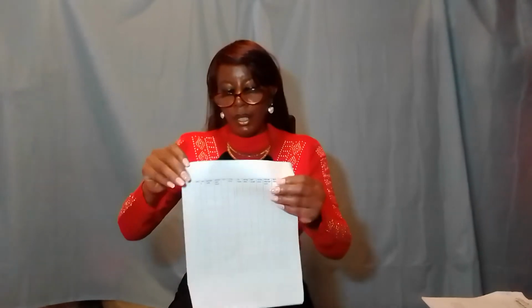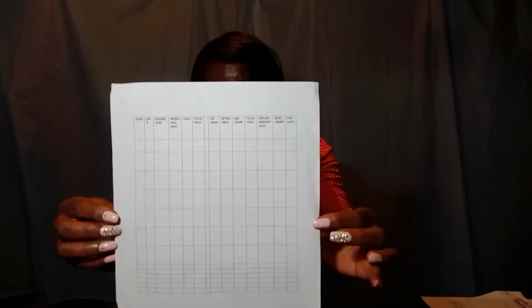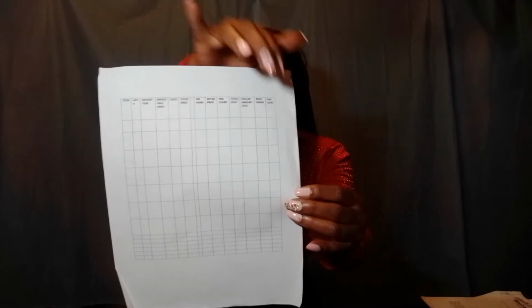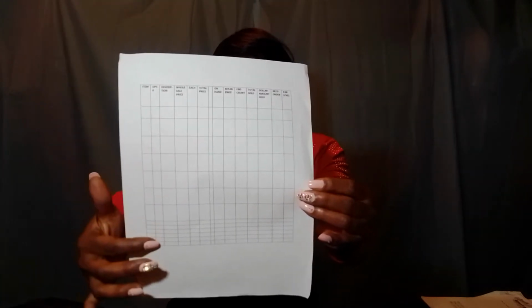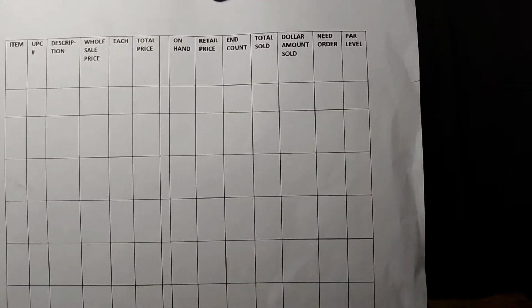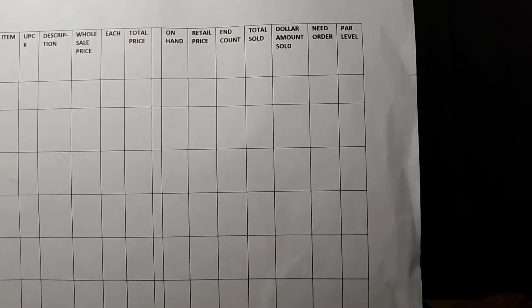You want to get a piece of paper, and you're going to put 8 columns going across and 8 columns going down. Whether you draw it on regular paper or notebook paper or whatever, just draw a square block like this. And then what we're going to do, let's put 13 columns going across and 13 columns going down.